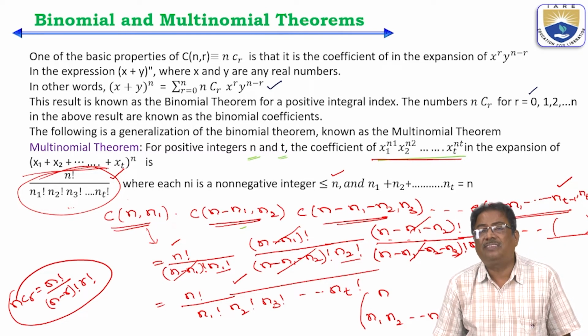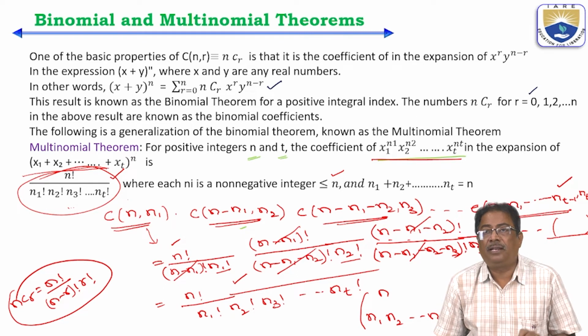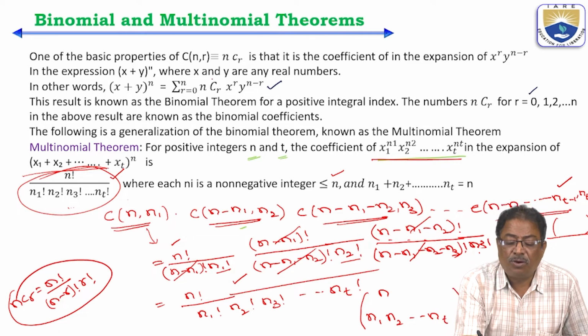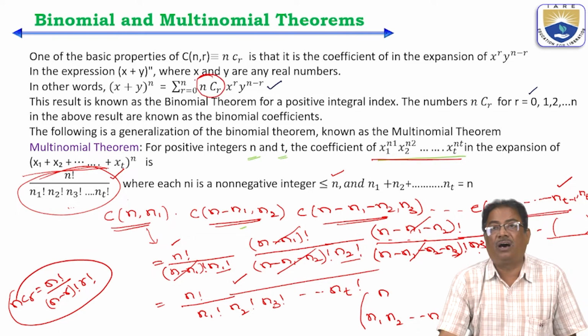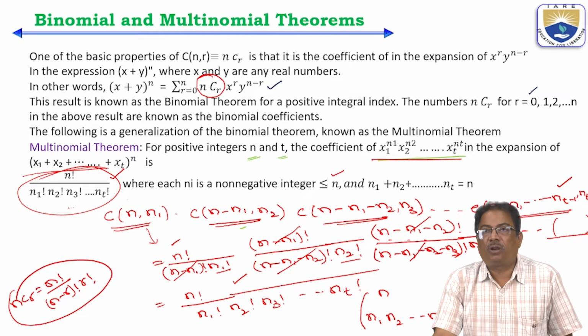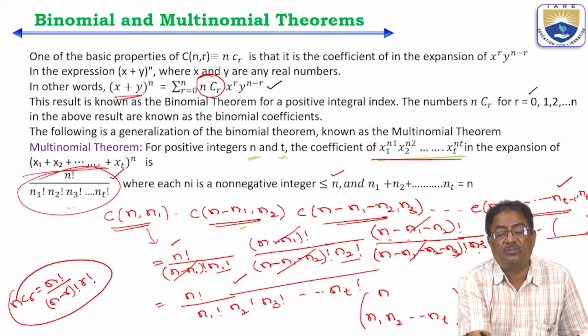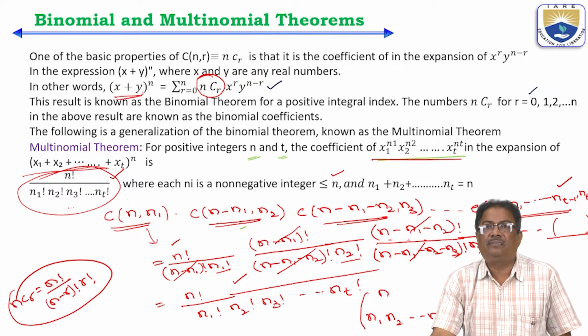So this is the binomial and multinomial theorems. Here in the binomial, the coefficient is only NCr, with x to the power of r and y to the power of n minus r. Here it is a function of only two variables, so it is a binomial. We are taking x plus y.